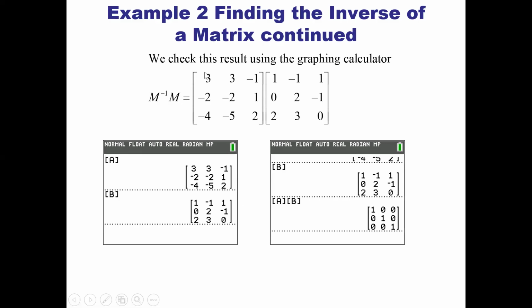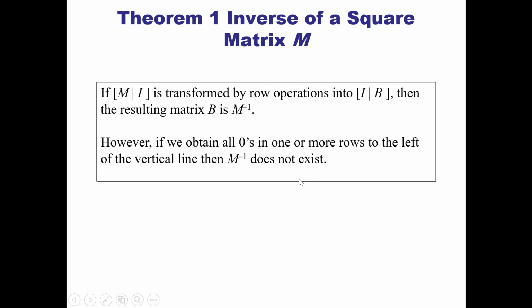But we could also do it just by hand, going through all the different things. What we end up with is our identity matrix, which is what we should get if we take the inverse times the regular matrix. And so M inverse times M is equal to I. And so we did find the correct inverse of the matrix when we did our row operations.